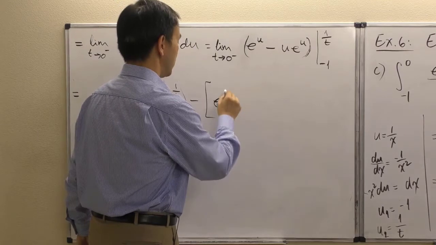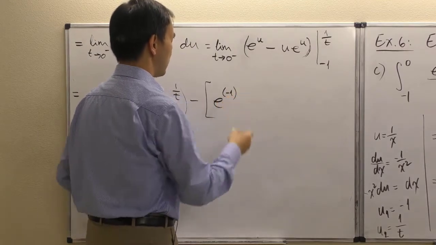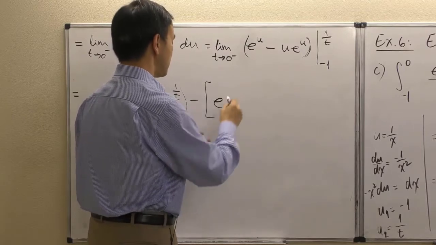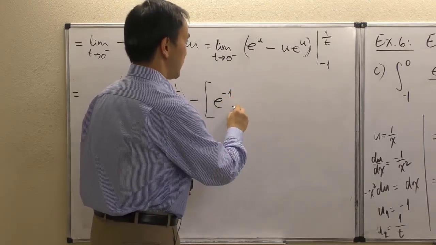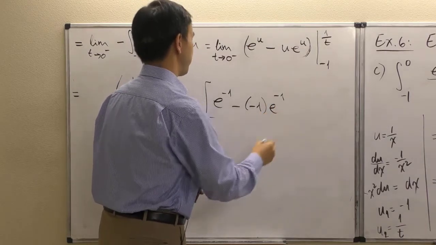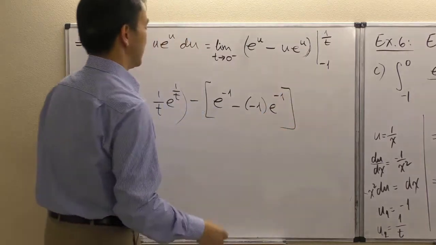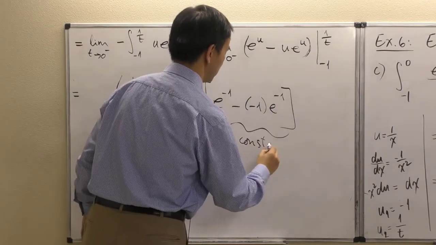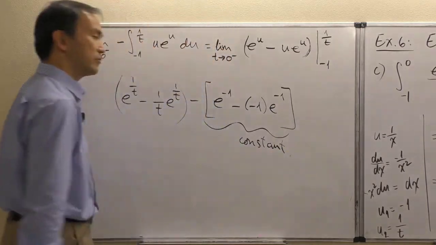So e to the negative 1, minus negative 1 times e to the negative 1. All of that will be a constant term, and I'll just briefly remind about that.